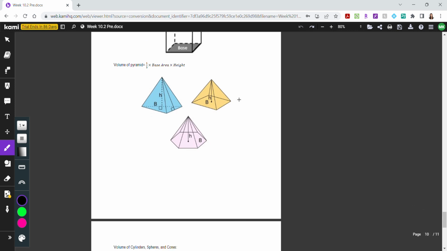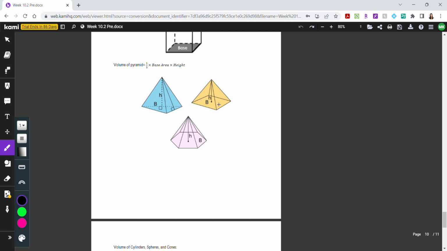Next thing that we have is volume of pyramid. So for volume of pyramid, its formula is going to be 1/3 times base area times height. So again, you do need to identify what kind of base it has. So like this one, it's a triangular base. So I need to find the area of the triangle first, right? Once I find the area of the triangle, I'm going to multiply it by the height and 1/3 to find the volume of the pyramid. Same thing for this.